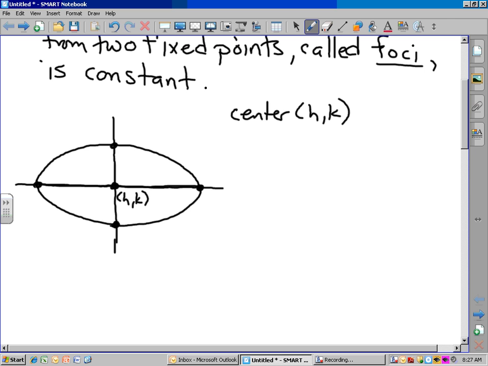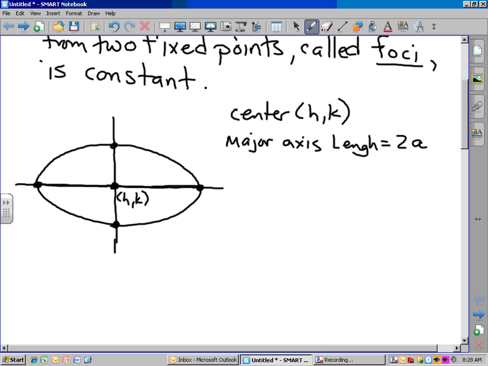The longer axis, we will call the major axis. In this case, it is the x-axis. But the major axis length is very specific. It's 2a. So if the entire length is 2a, then half of that would just be a.